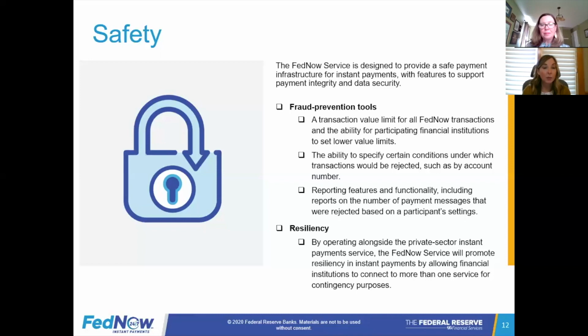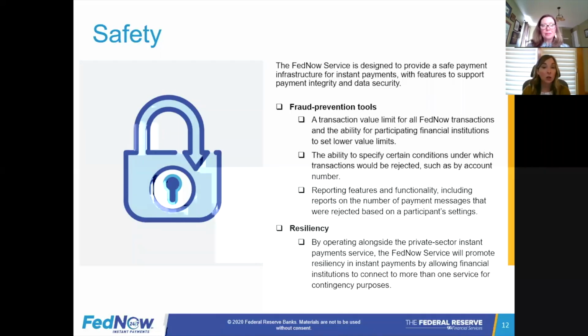So tools available at the launch will include a transaction value limit for all FedNow transactions and the ability for participating banks to set lower value limits, the ability to specify certain conditions under which transactions would be rejected, such as by an account number, and reporting features, including reports on the number of payment messages that were rejected based on our participants' settings.